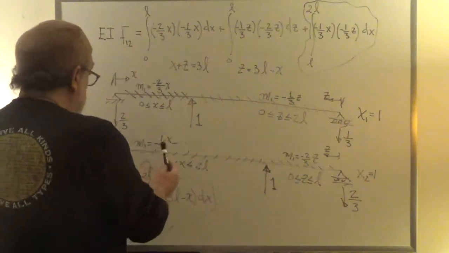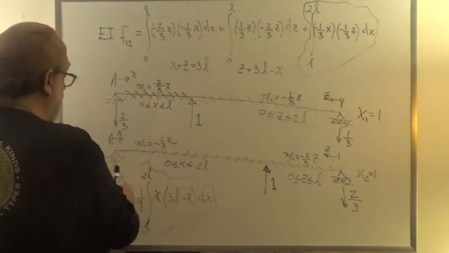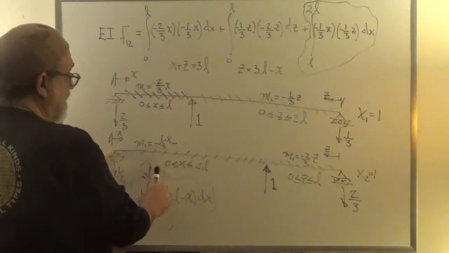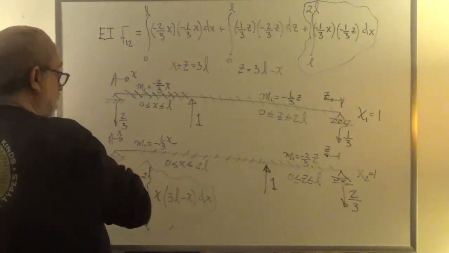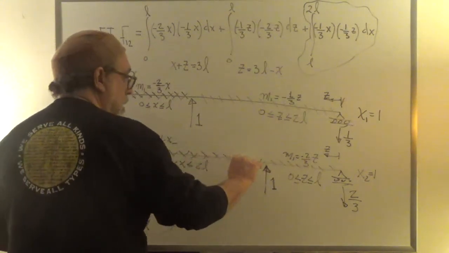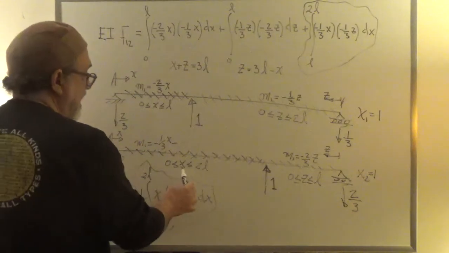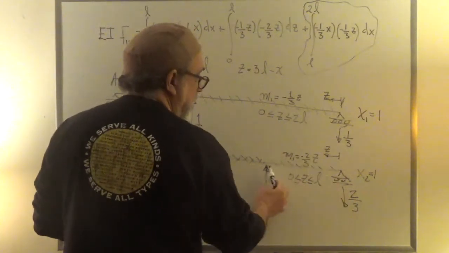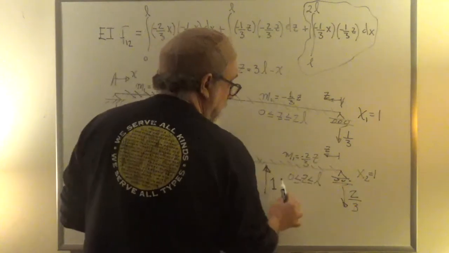Once again, with the same sign convention, which I must be consistent with, I find that my moment m1 here is minus 1/3 of x, but now the region where this is valid is all of this region, right? 0 less than x less than 2L, and then from this side with the z, I cover this part with minus 2/3 of z.